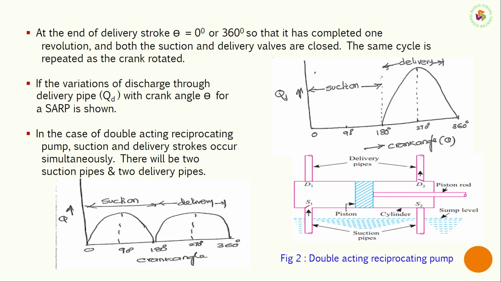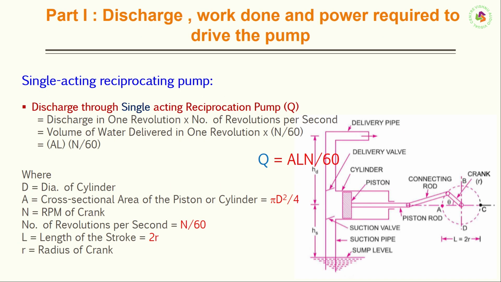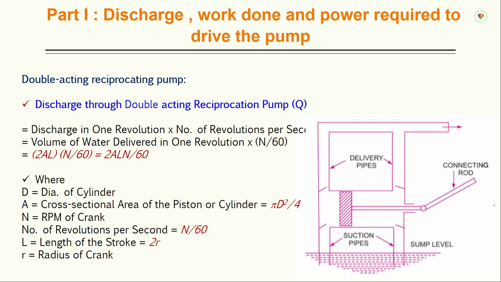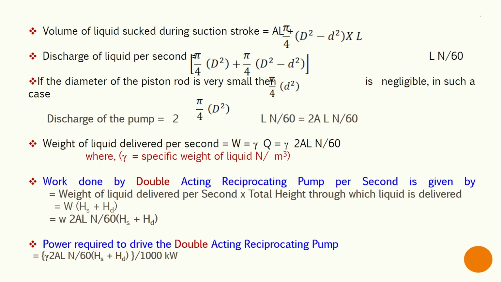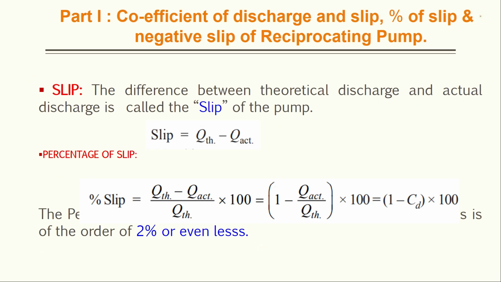Number three, the components of a reciprocating pump. Number four, the working of a reciprocating pump. Number five, how to derive the equation for discharge. Once discharge is over, work done is over, then power in the case of single acting and double acting reciprocating pump. So these are the important things.